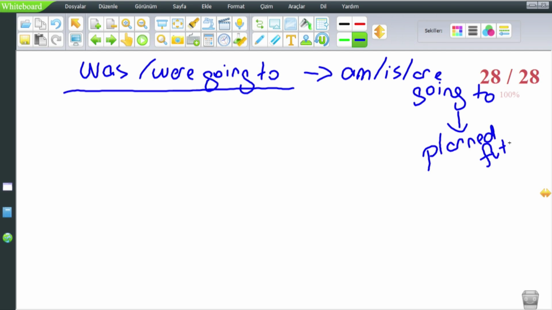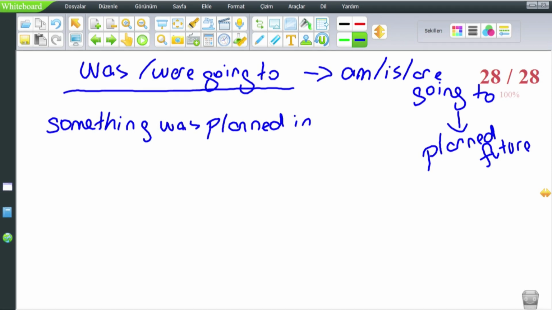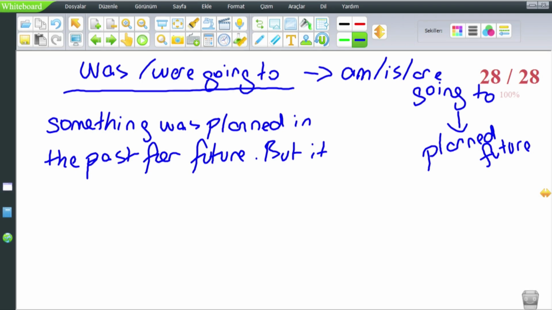But what we understand from was or were going to is that something was planned in the past for the future, but we couldn't manage to do it. But it didn't happen.